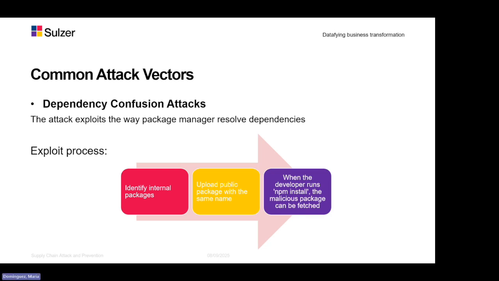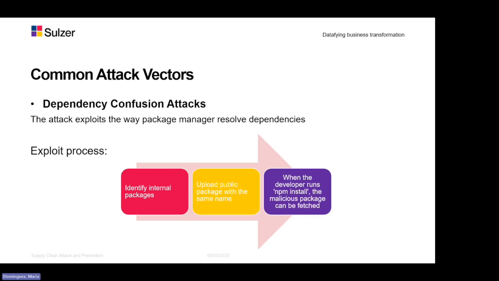Once the attackers find these files, they upload public packages with the same name as the private ones, but with a higher version. That's because package managers often prioritize a better match. And that's why they choose higher versions.